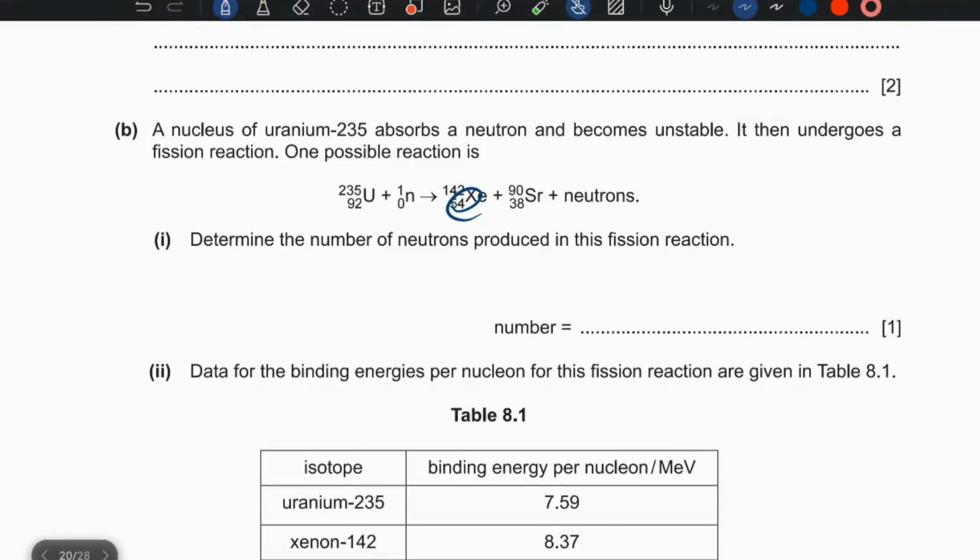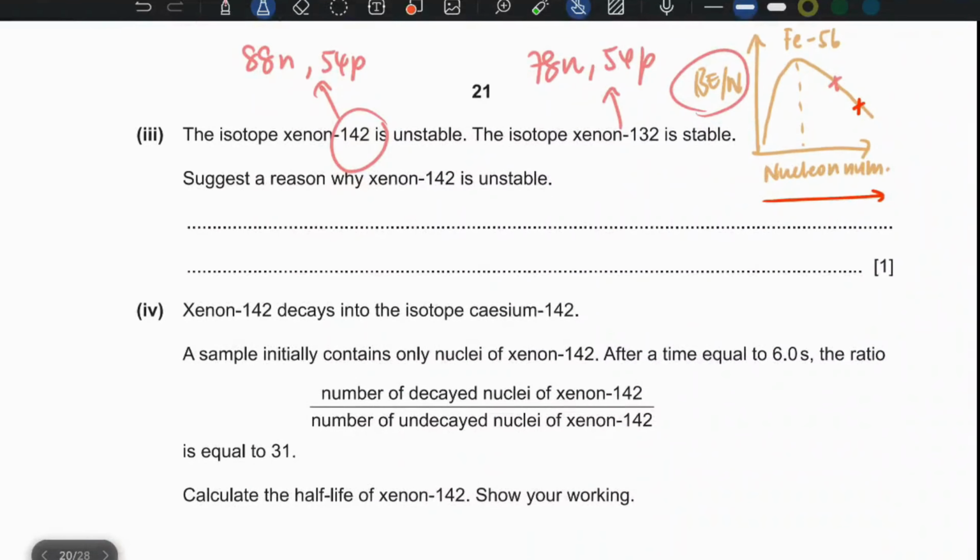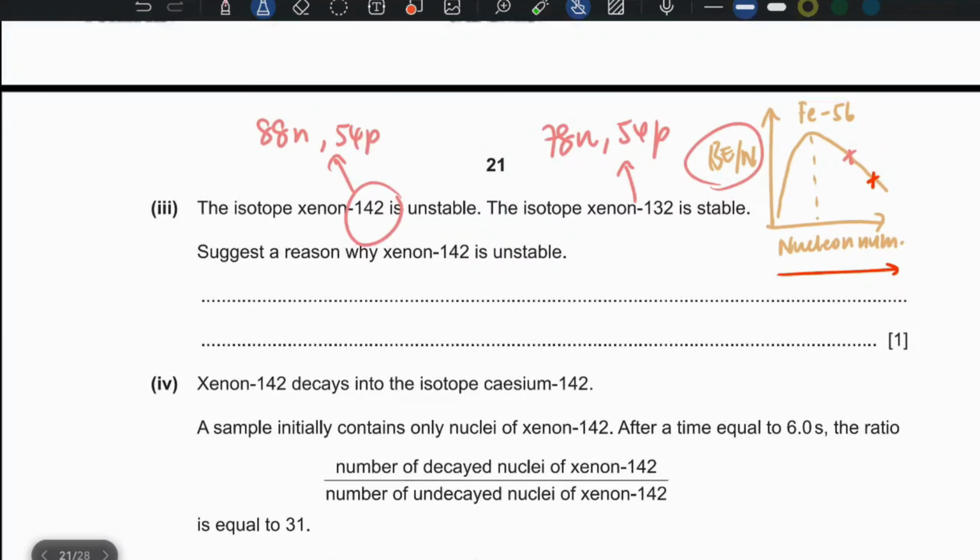And you can actually look at here, 54 protons is in the question actually. So xenon 142 has quite an excessive number of neutrons. In this case, the issue is too many neutrons. That is why it is very unstable.